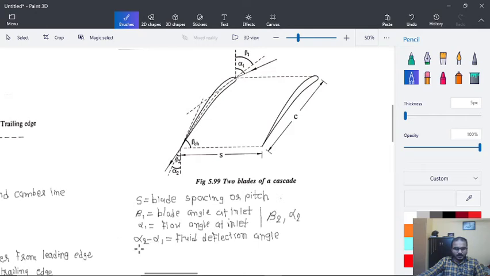Beta 1 minus alpha 1 is equal to angle of incidence.